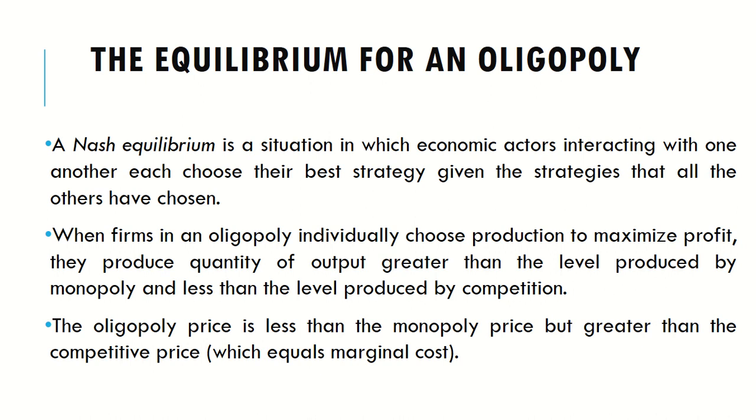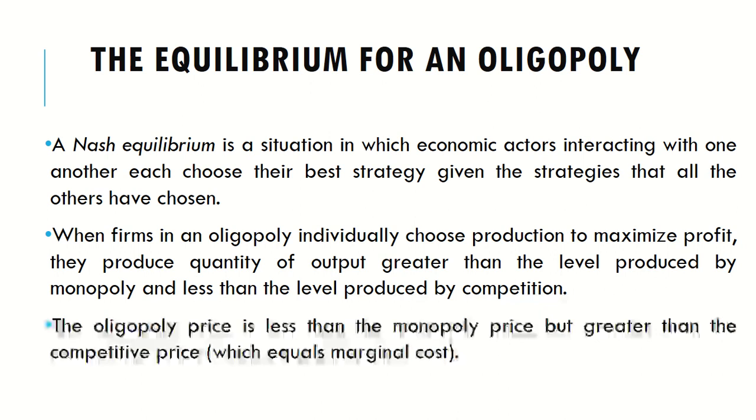So a Nash equilibrium is a situation in which economic actors interacting with one another each choose their best strategy given the strategies that all others have chosen. If we talk about duopoly, there are two actors which are competing with each other.